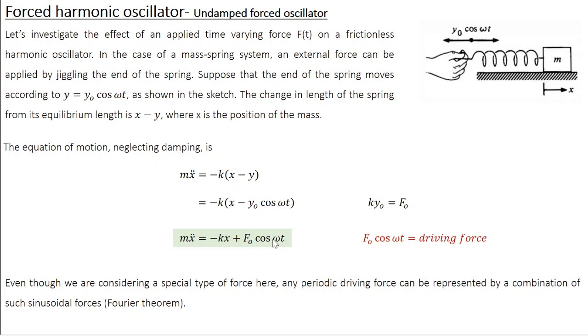This is a famous theorem in mathematics known as Fourier's theorem, which says that any periodic finite function can be represented as a series summation of sinusoidal functions. So for any general scenario, you can write the equation of motion in this fashion.